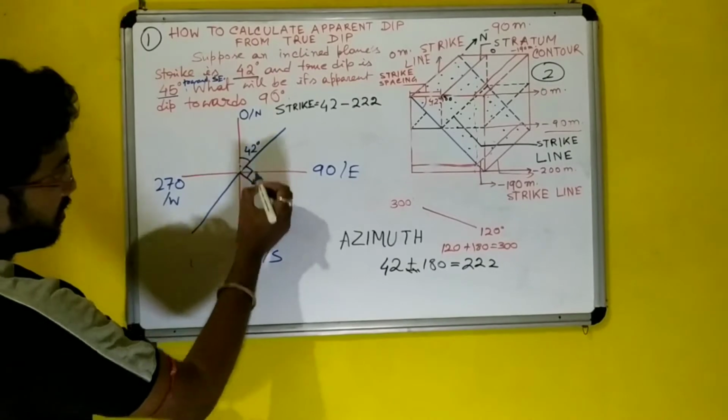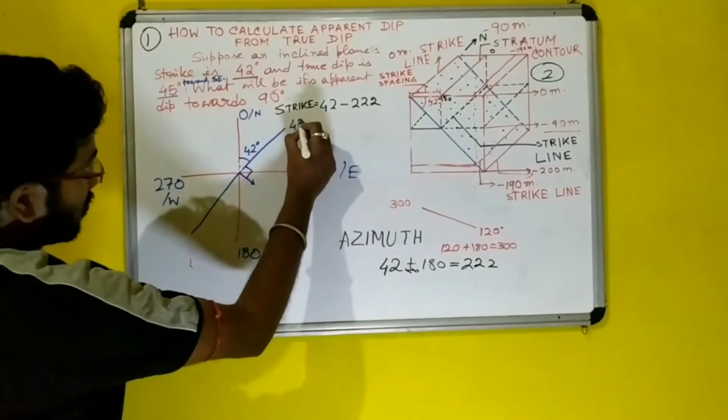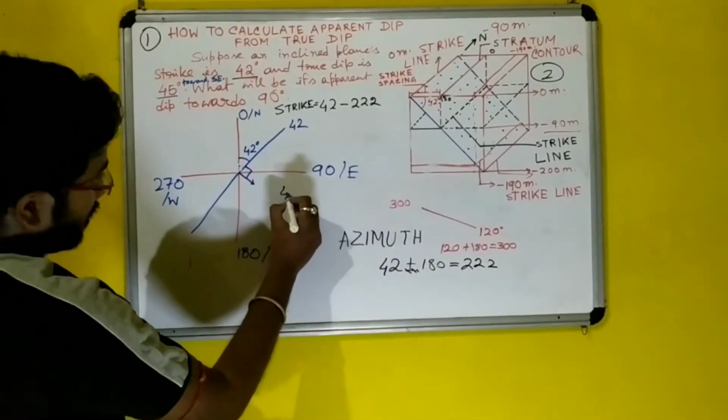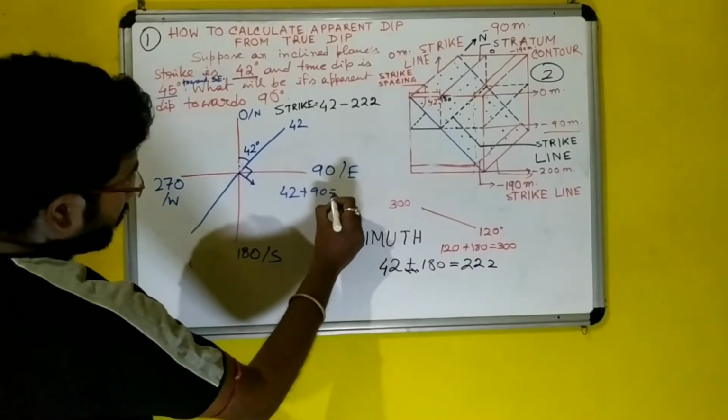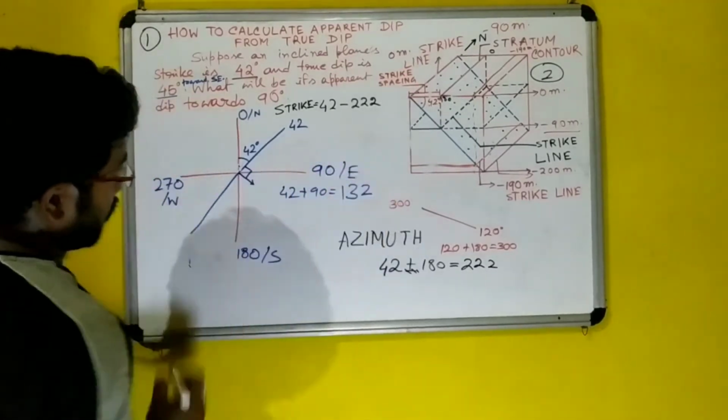Now add 90 to 42. This end is 42, so if we add 90, it will be 132.